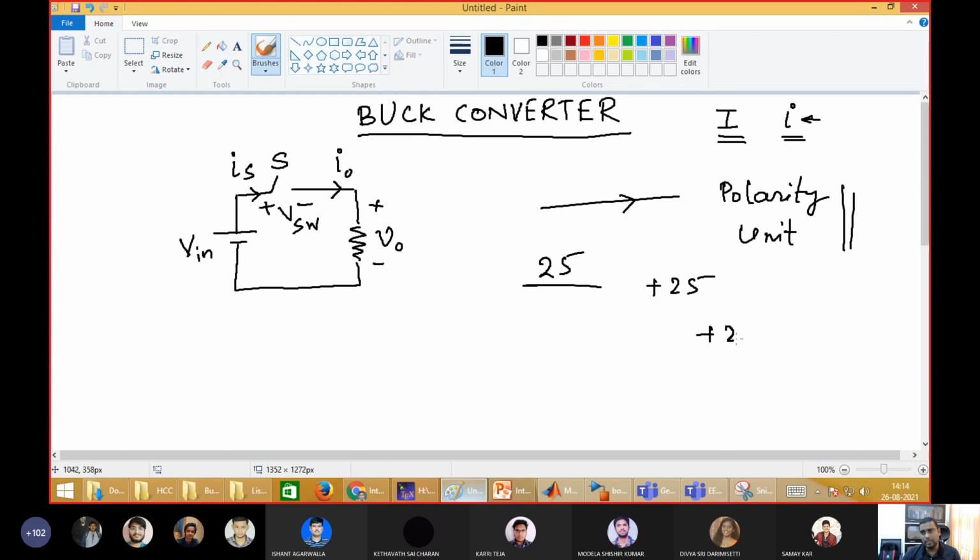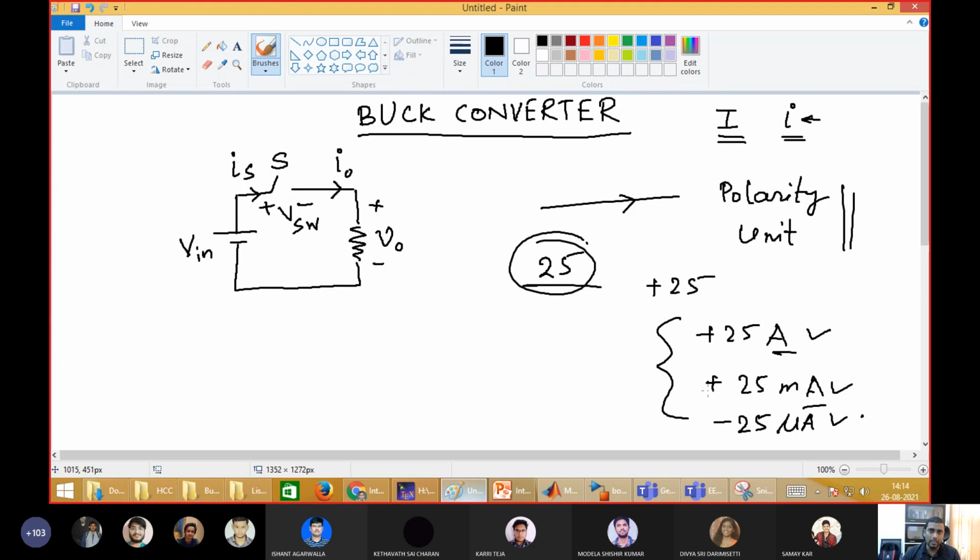Current is plus 25 ampere, yes, fine. Current is plus 25 milliampere, fine. Current is minus 25 microampere, fine. If you say this quantity to somebody without units, you can have n number of possibilities. So always mention polarity, always mention unit.